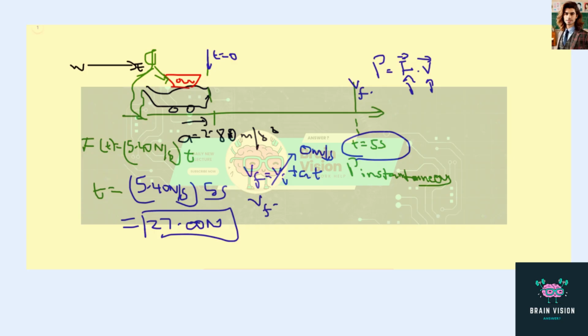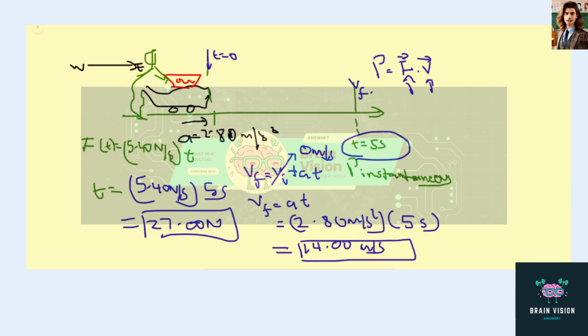So we're only left with V final being the acceleration times the time. The acceleration is 2.80 meters per second squared, and then you multiply that by the time of 5 seconds, and that's going to help us get the velocity at 5 seconds, which is 14.00 meters per second.